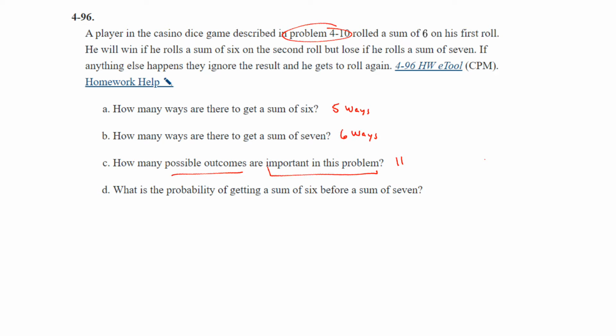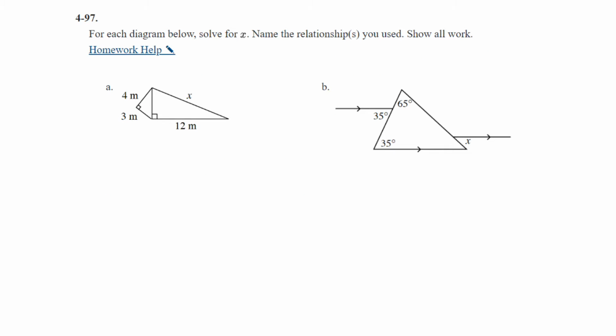And then D says, what is the probability of getting a sum of 6 before a sum of 7? So since all the other outcomes don't necessarily matter, because you'll just roll again if that's the case, the probability of getting a sum of 6 would be 5 out of the total possible outcomes that are important, which would be 11.